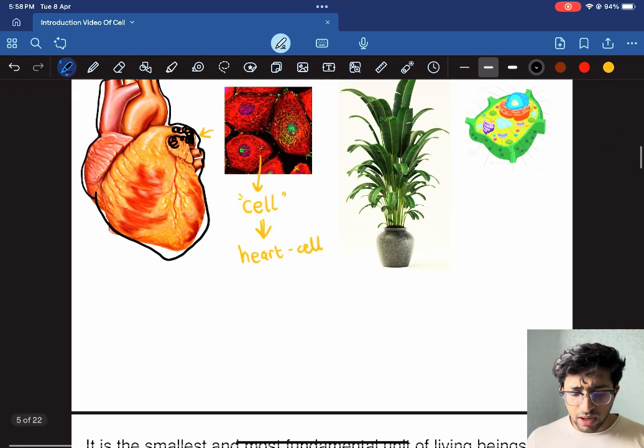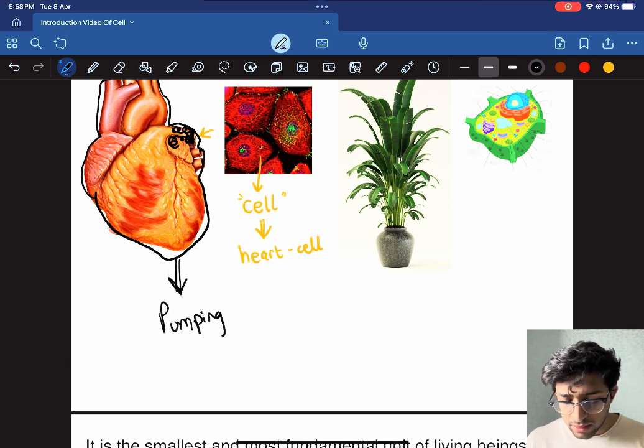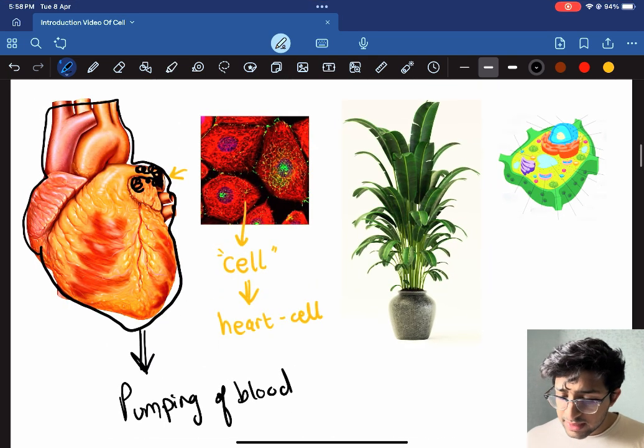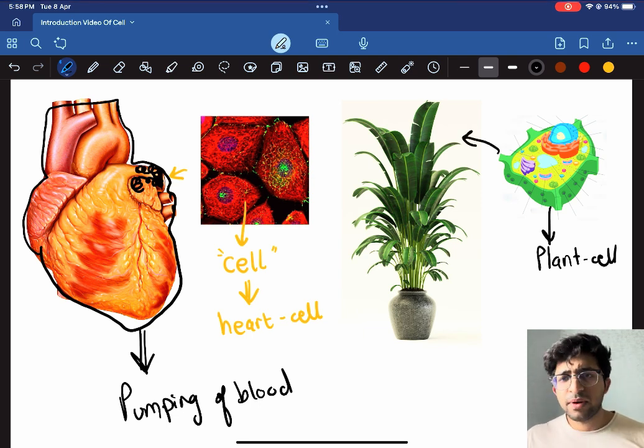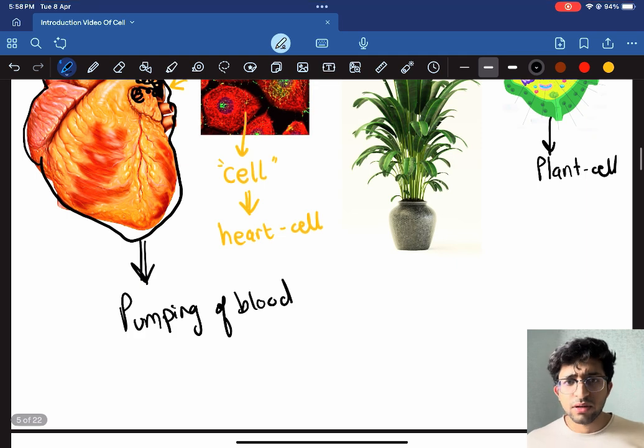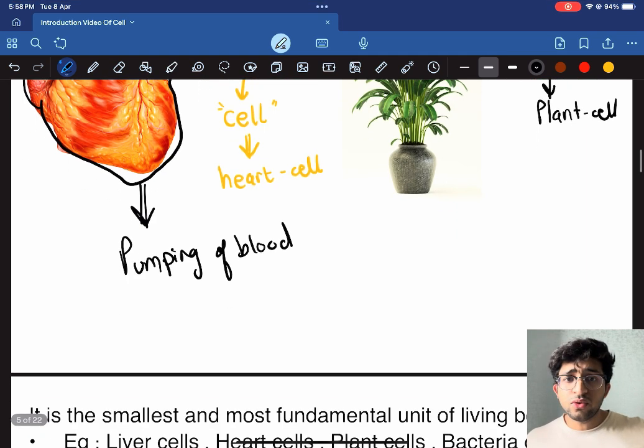We all know that the heart's function is the pumping of blood, whereas this is the plant cell. And again, trillions and trillions of plant cells come together and form a plant.